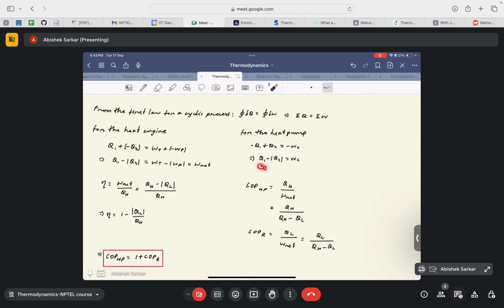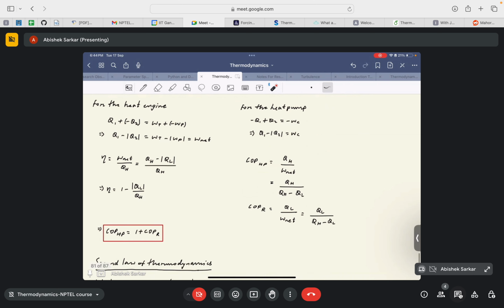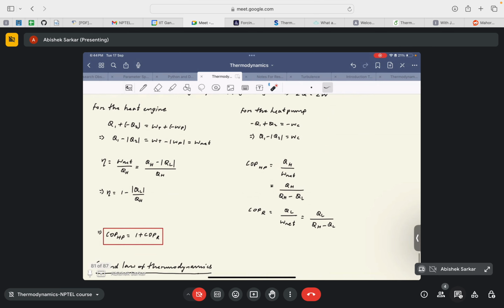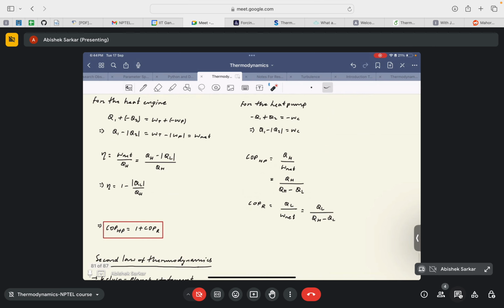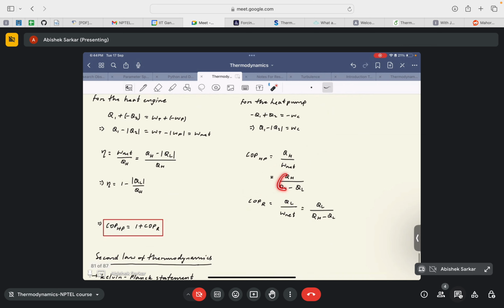Basically you can take Q1 as QH and Q2 as QL, so W net is QH minus QL. So COP of HP is QH by QH minus QL. You can simplify it even further by dividing through by QH in the denominator, but it's not necessary, so I will keep it up to this.